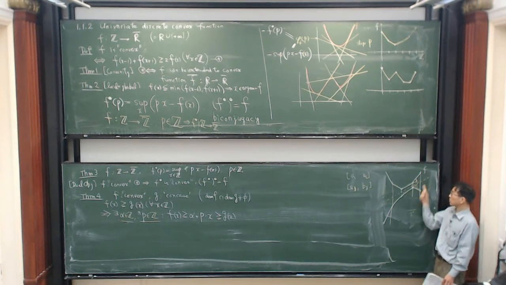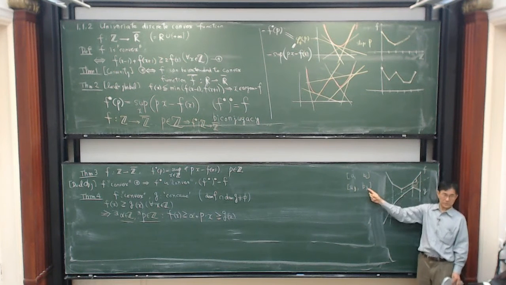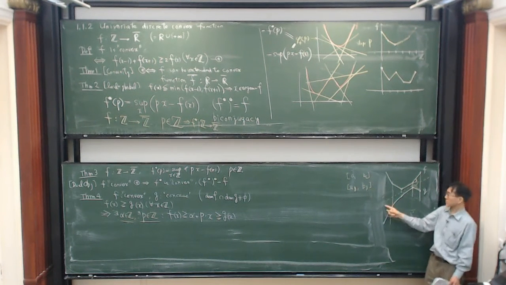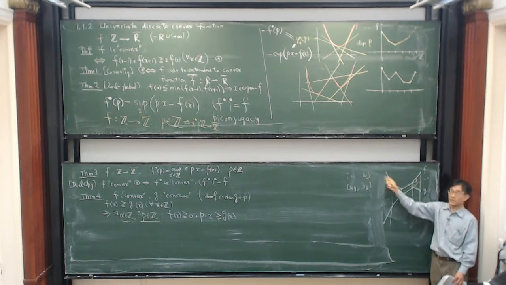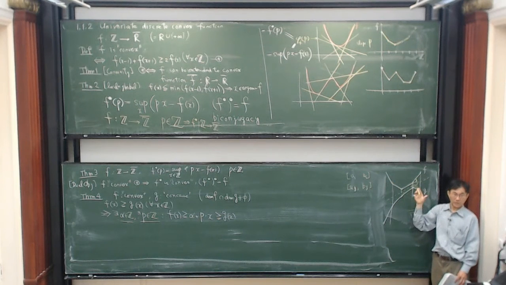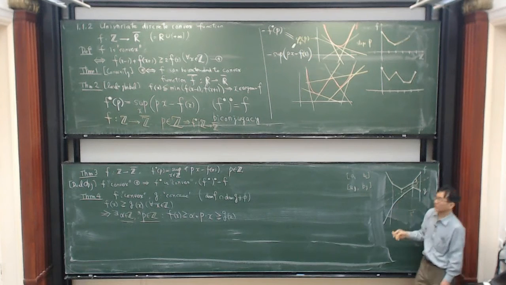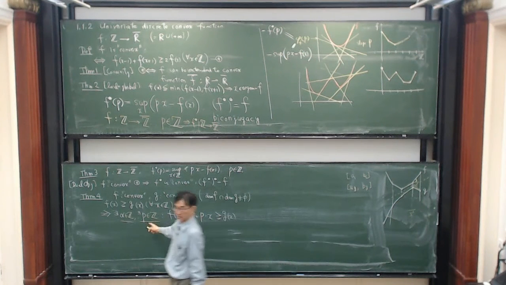Then we already know that these two intervals intersect because there is a fractional slope. So if two integer intervals intersect, then there exists an integer point, a common point. So that is this P.